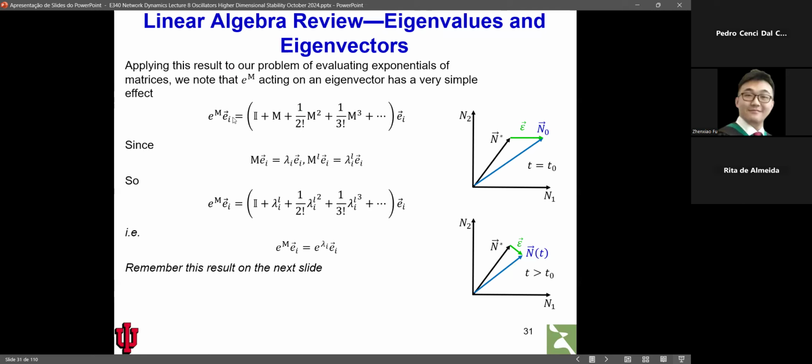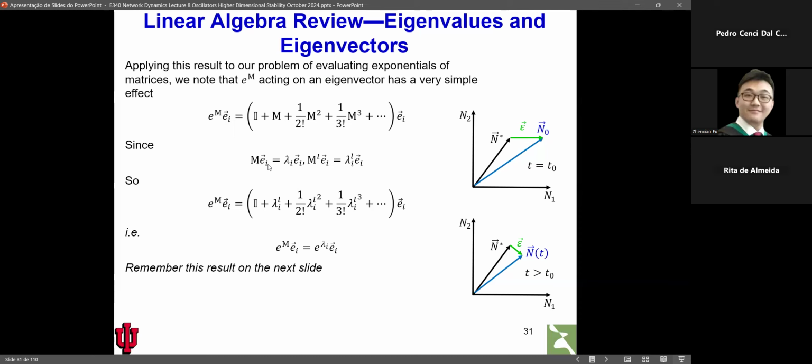So let's continue with the notation of M here, but remember we want to solve this equation where instead of M we have the Jacobian of the problem that we have. Okay. Then when I have this thing, I will have all this matrix like that, right? Applied over M.